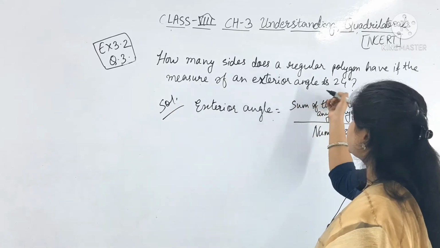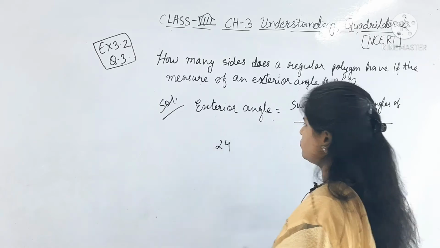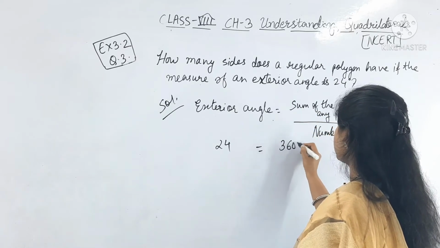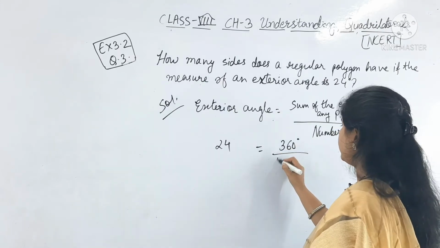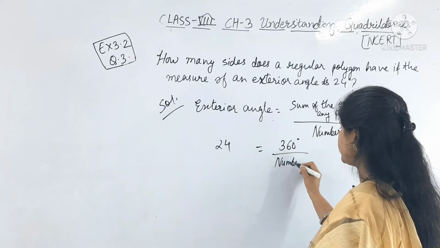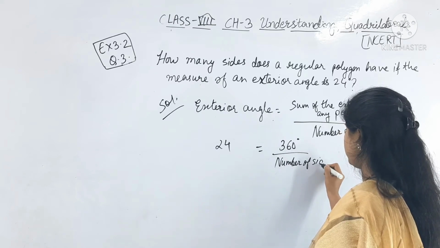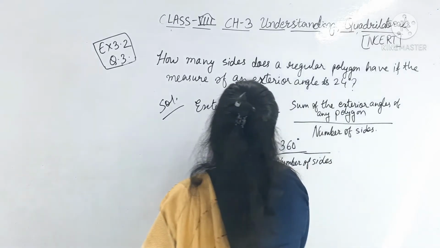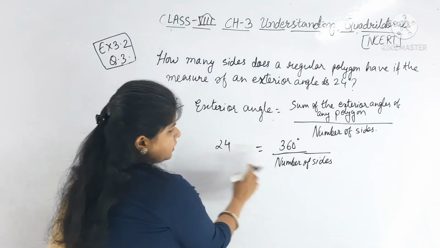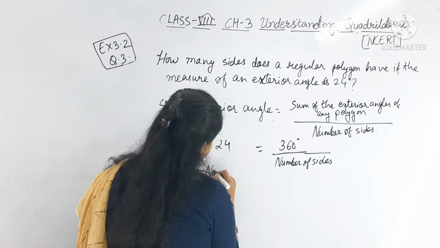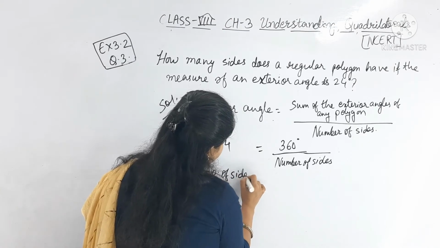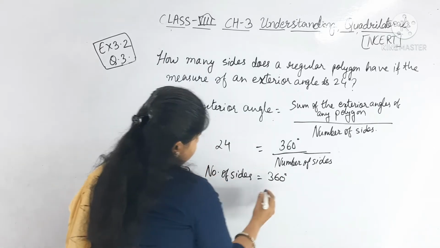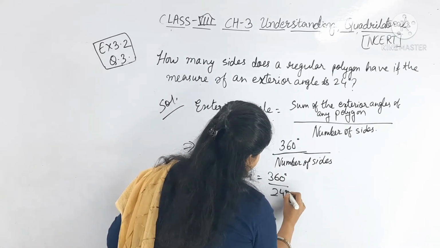So what is given: exterior angle is 24 degree. So we will write here, and we know 360 degree as the sum of the exterior angle, and we have to find number of sides. So we have to transpose this one here, and number of sides is equal to 360 degree divided by 24 degree.